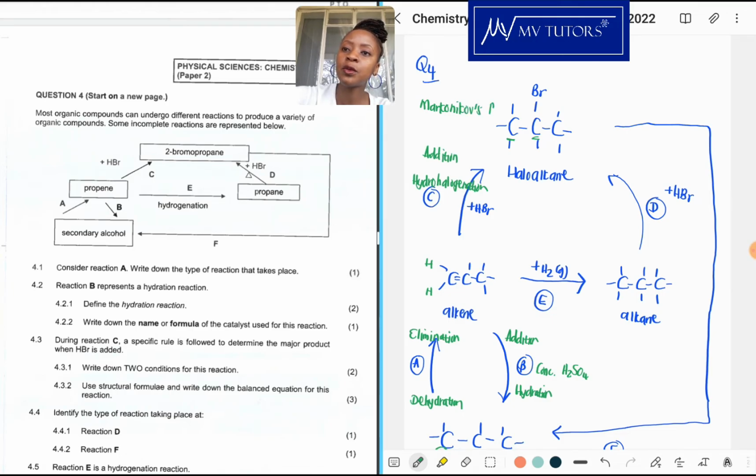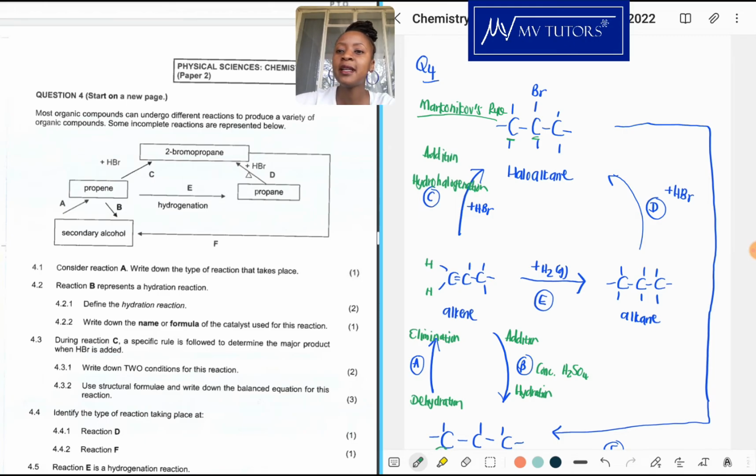Basically Markovnikov's rule says, if you are adding to an alkene and you don't know where the halogen is going to go, you need to look at the carbon with the most hydrogen atoms. That is when you want a major product. The carbon with the most hydrogen atoms will get the hydrogen, and the other carbon with the least hydrogen atoms will get the bromine or the halogen. So that is why your bromine is on the second carbon and not on the first.